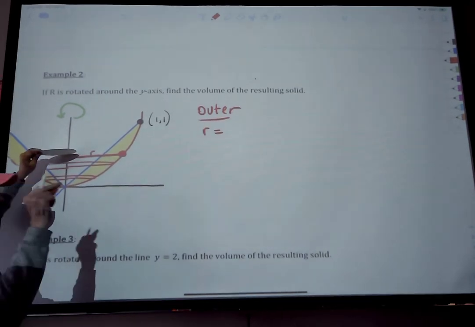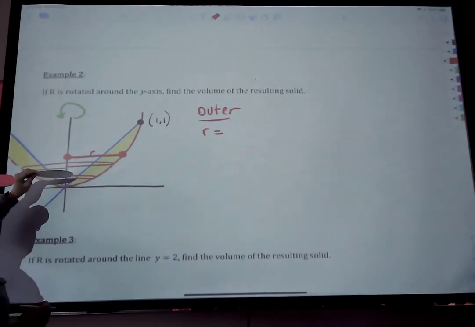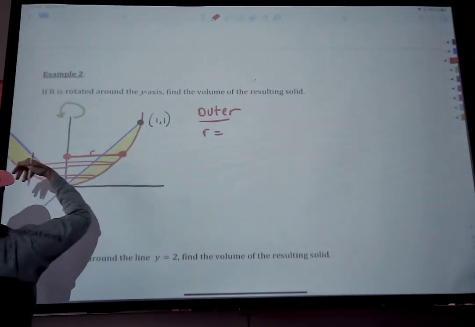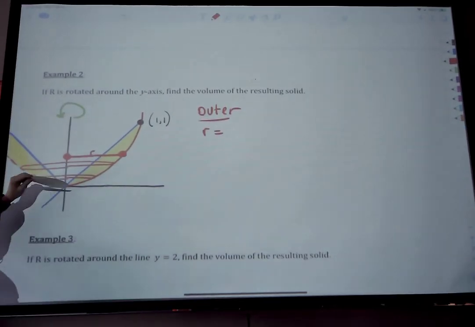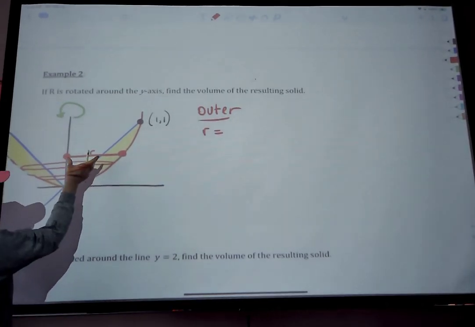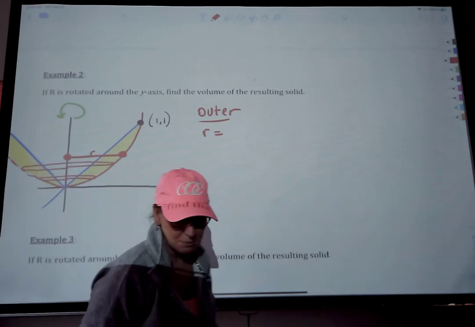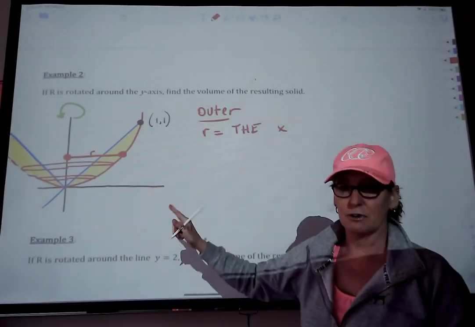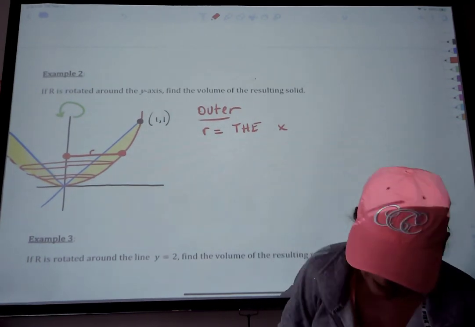So I'm going to stack my plates from a low Y to a high Y. Okay, we're going around this way, we're stacking this way. Low Y to a high Y. My radius is a horizontal measurement, so I'm going to call it the x value because it goes from the axis to the function. It's the x.